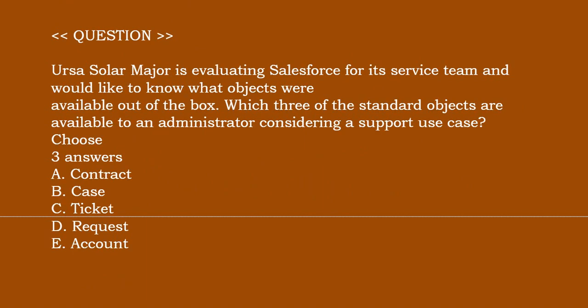Next one. Ursa Major Solar is evaluating Salesforce for its service team and would like to know what objects are available out of the box. Which three of the standard objects are available to an administrator considering a support use case? We have to choose three answers. Option A is contract.